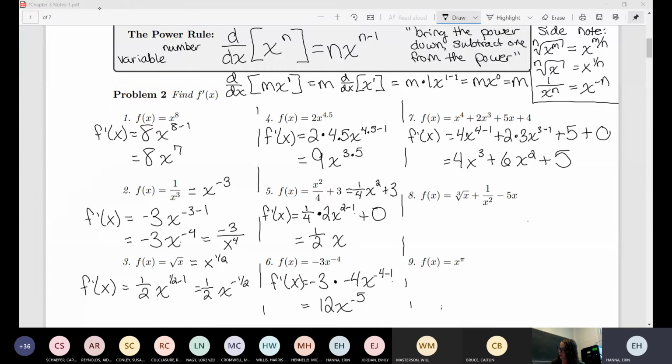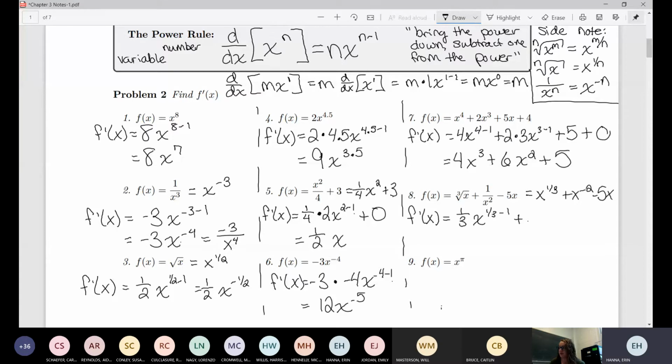So for number 8, the first thing we should do is rewrite this as x to the 1/3 plus x to the -2 minus 5x. Again, that's just rewriting it. I have done nothing to it. So to take its derivative, bring the power down, subtract 1 from the power.